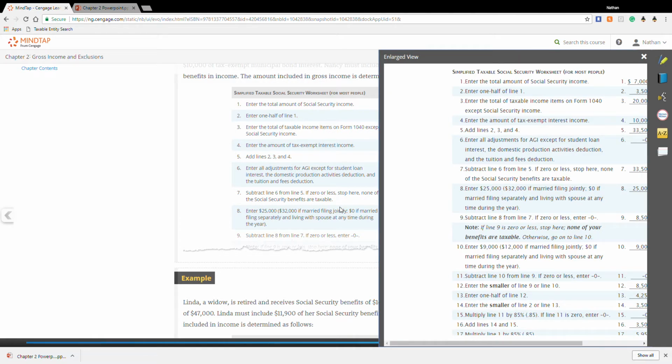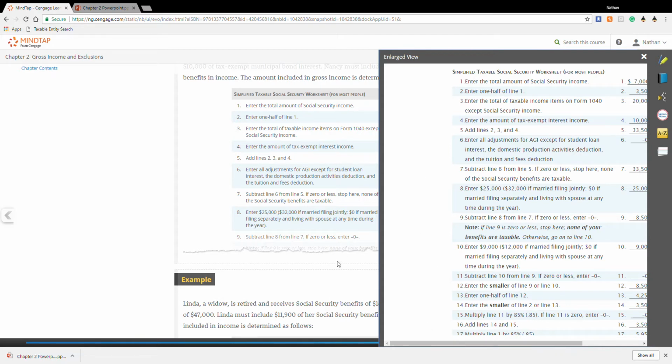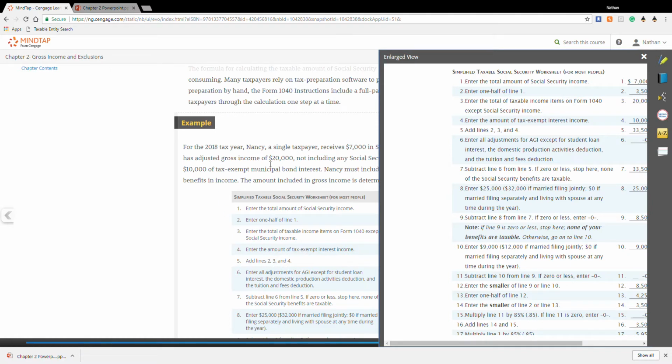I would suggest going through this, seeing how it's calculated, and going through the example they have with Nancy. Again, it shows all the little extra items. We have to know their filing status, and so forth.